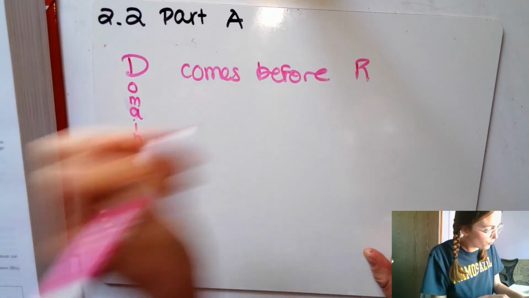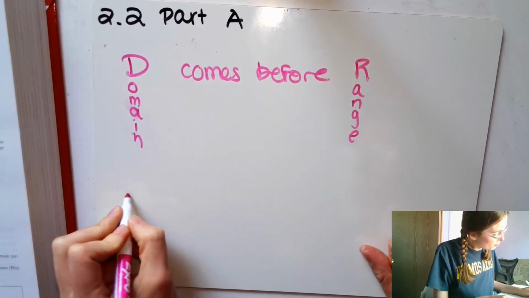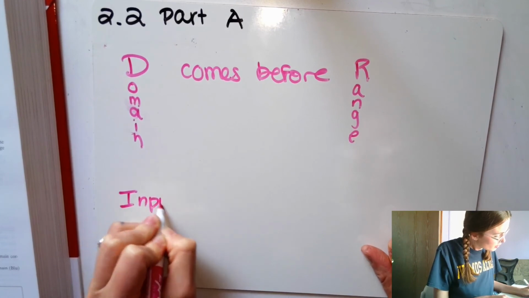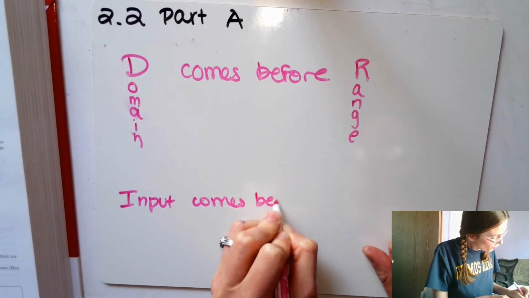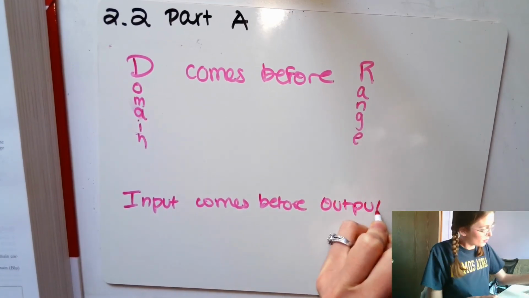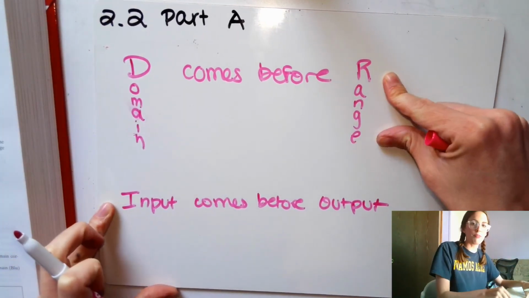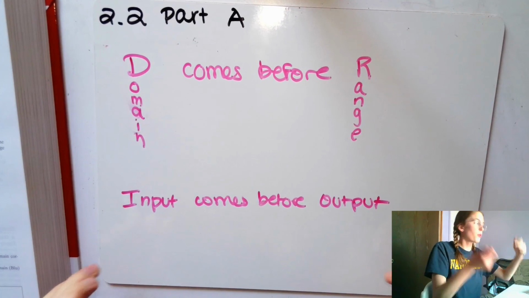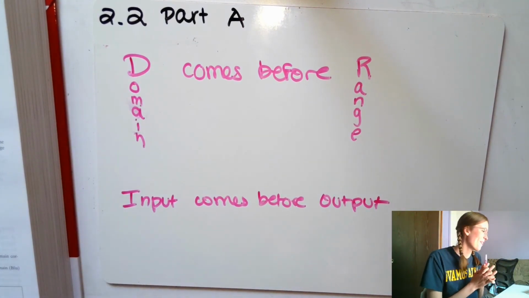Domain comes before range. So input comes before output. So the domain is the set of possible inputs. The range is the set of possible outputs. This is one way to memorize it, you can remember it however you see fit as long as you remember it.